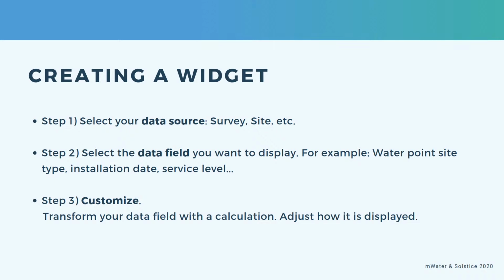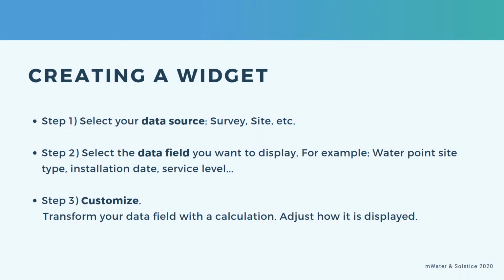So when you're creating a widget, as we will see, step 1, pick a data source. Step 2, select the specific data field you want to display. So you've got your source, the source has many fields, you want to pick the right field. For example, if you're starting with water point sites, you might want to show the water point site type by JMP definition.